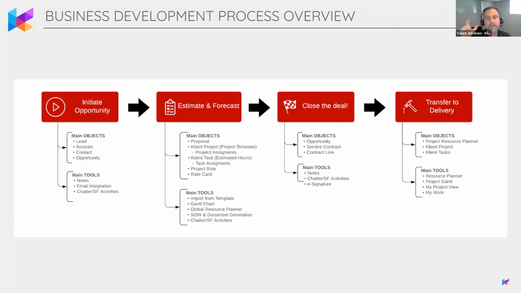One of the key objects is the project assignment. Those are the roll-up. Project assignment is an object where you have the role, the rate, and the dates for the entire project for one specific resource. This is how we carry the rate back to the proposal. That's the link between the proposal and the project. It's through the project assignment.